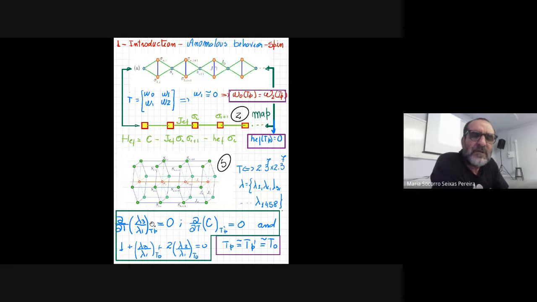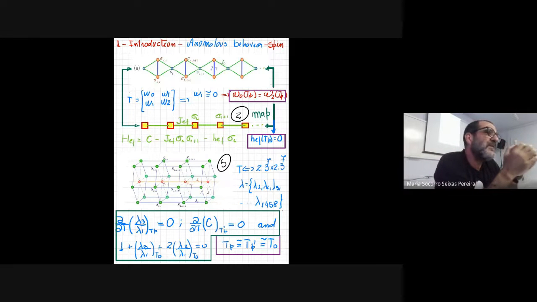Derivative of temperature, the lambda 3 over lambda 1, derivative of specific heat, and there is another identity we use here.